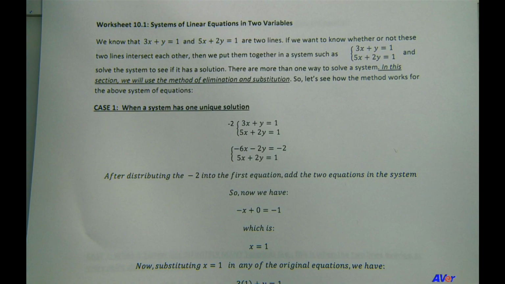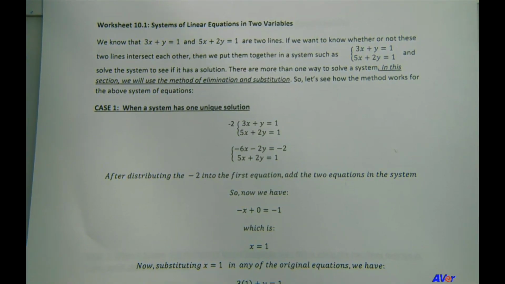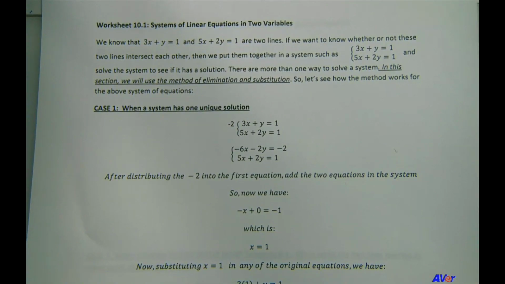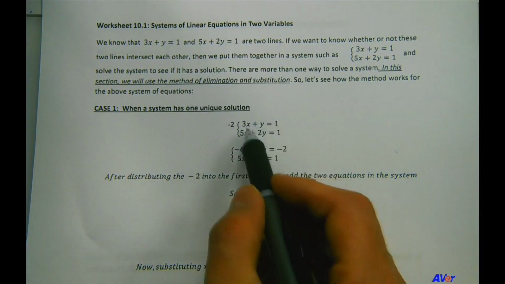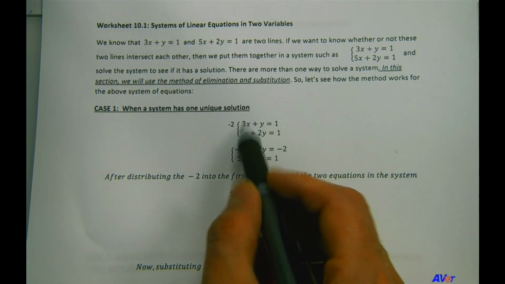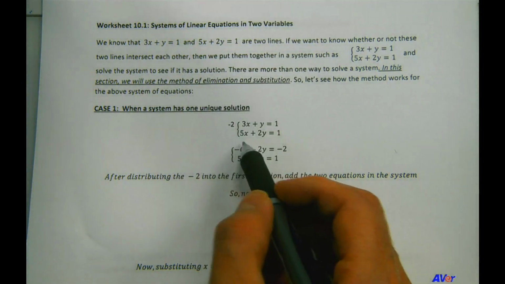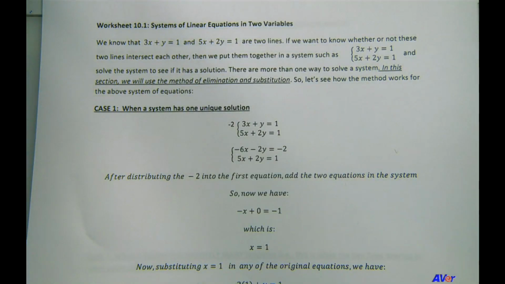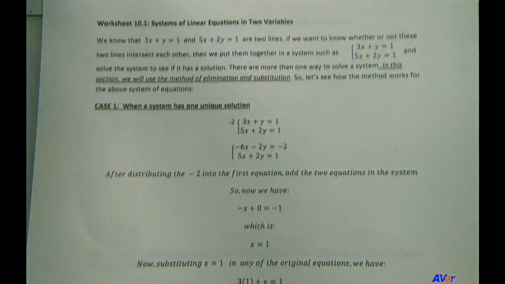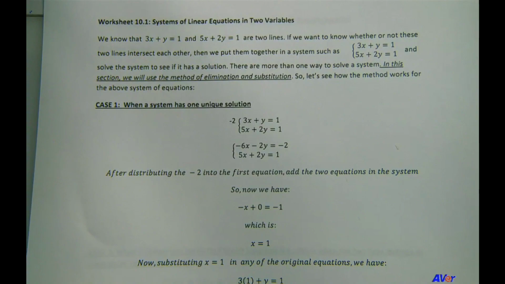So the two methods are very close and intermingled with each other. But the Gauss-Jordan is a totally different method. In the Gauss-Jordan method, which we will look at in section 10.3, you don't use the variables, you use their coefficients.